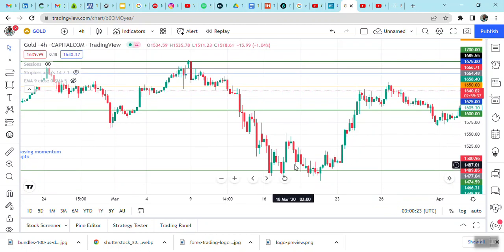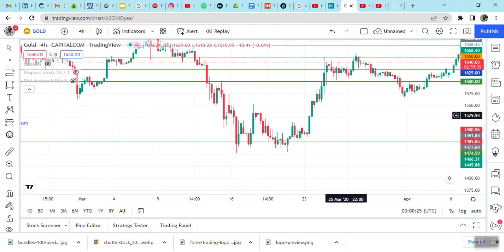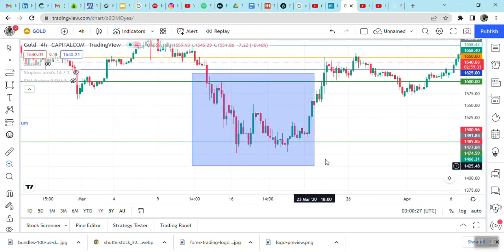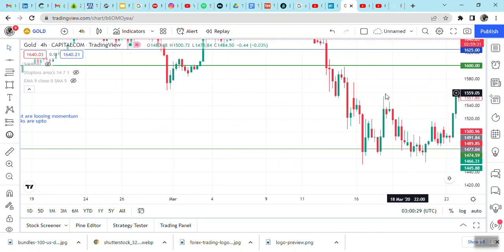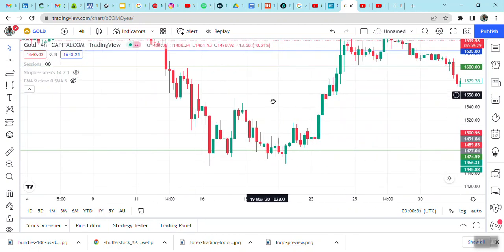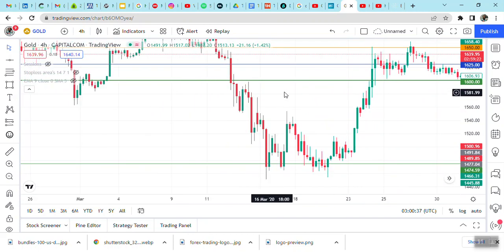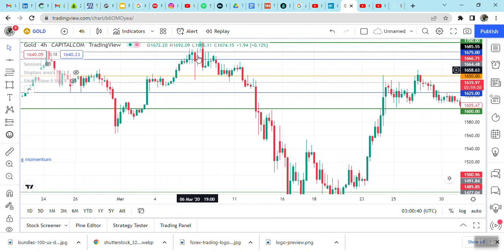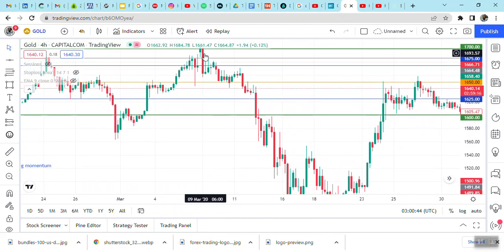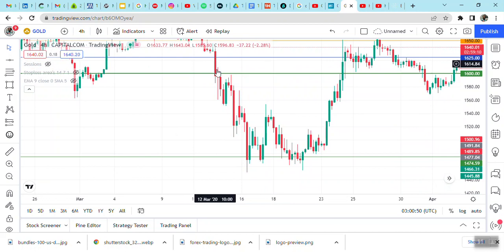So let's take, for example, on this chart, we have a sell. We have a downward trend that comes from this point, that goes down, down, and down. You can see the long candles making impulsive moves.